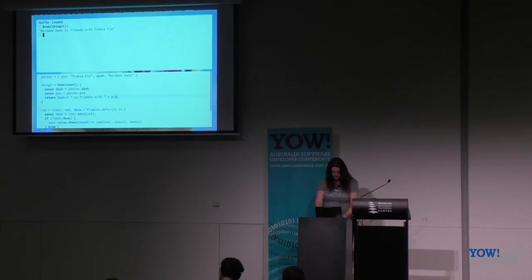Now, suppose that instead of Pinkie Pie, we are interested in Twilight Sparkle, who is also, coincidentally, Rainbow Dash's friend. Of course, Twilight Sparkle is not in the object. So what does JavaScript do? Of course, it should catch this at compile time, right? It's an obvious type error. Yeah.